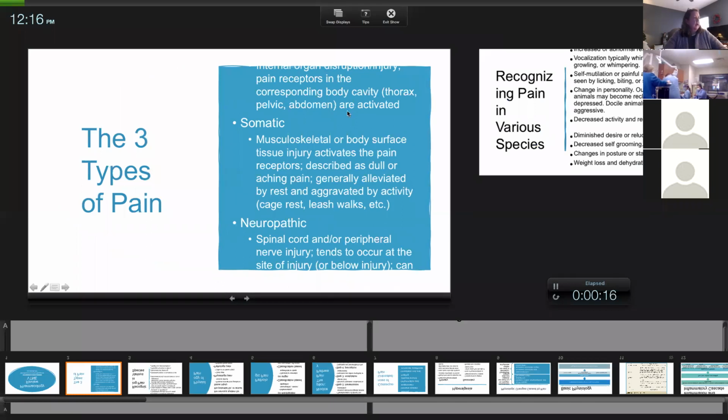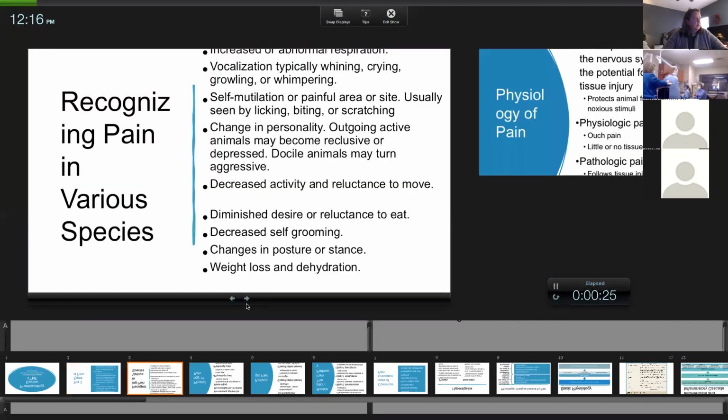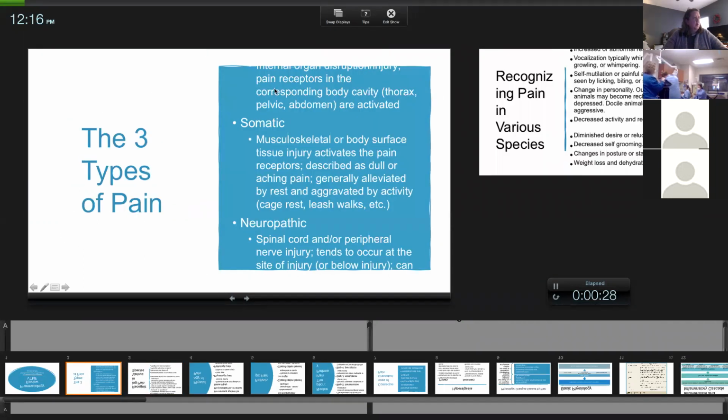Okay, so we have to talk about visceral, somatic, and neuropathic as forms of pain. If you have visceral, you always think of organ. So we're talking about organ injury and something within the body cavity. Somatic, and soma is body, so somatic pain is musculoskeletal, body surface, maybe superficial pain.